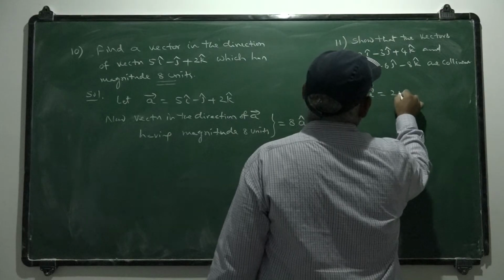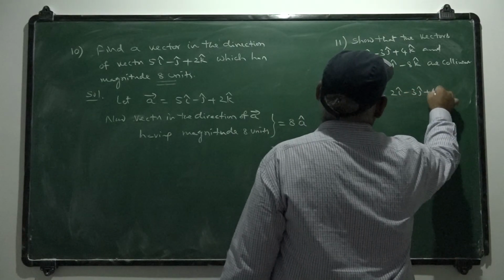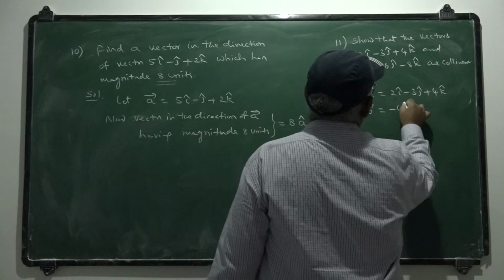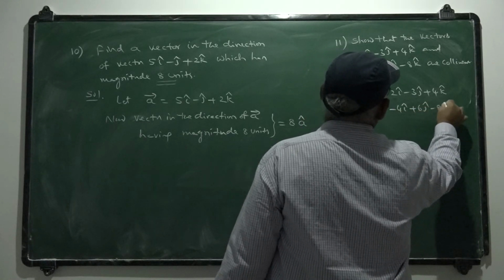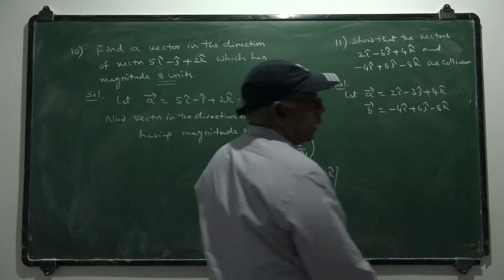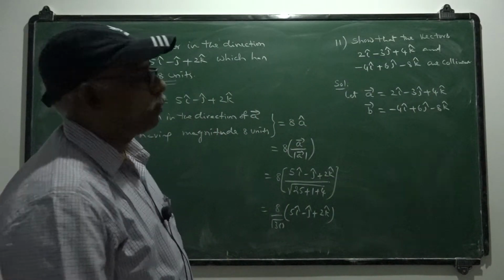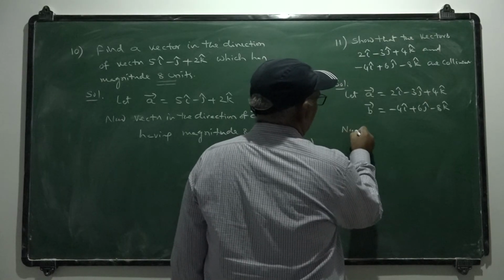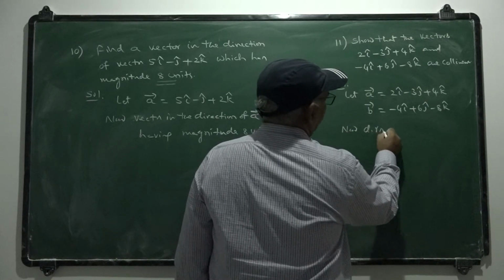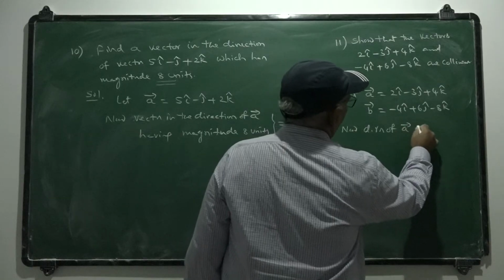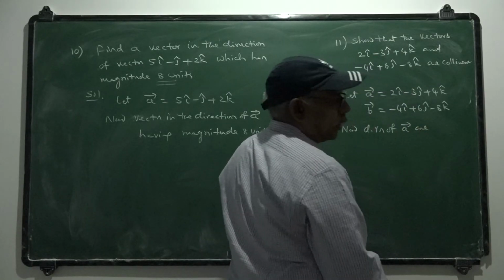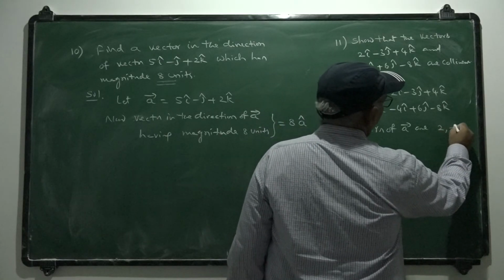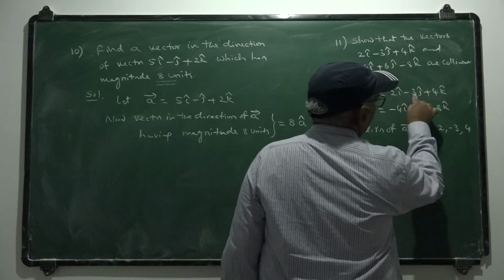Let A bar be 2i minus 3j plus 4k and B bar be minus 4i plus 6j minus 8k. Let us suppose the given vectors are A bar and B bar. Now, the direction ratios, DRs, of the vector A bar are 2, minus 3, 4.